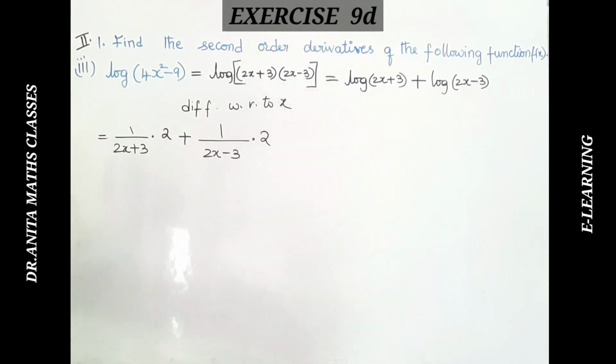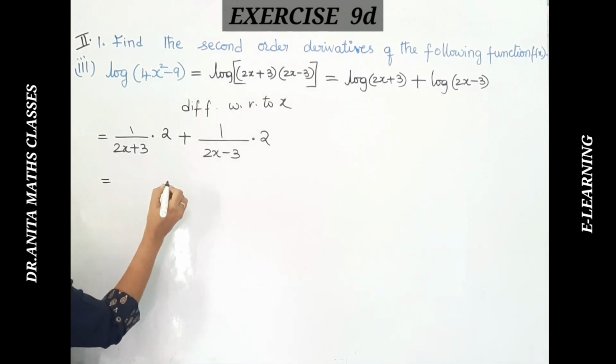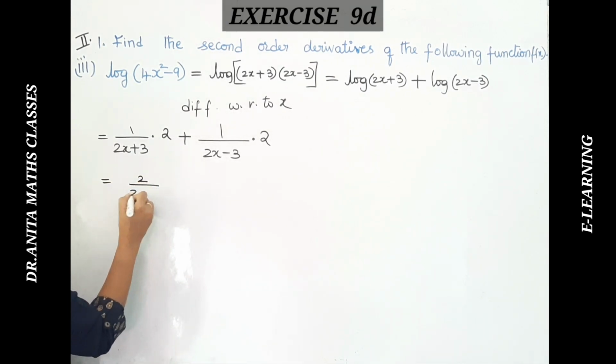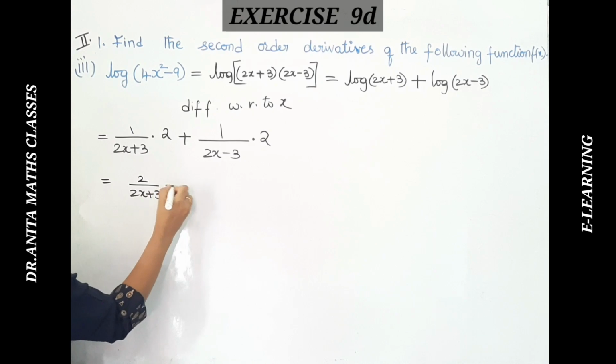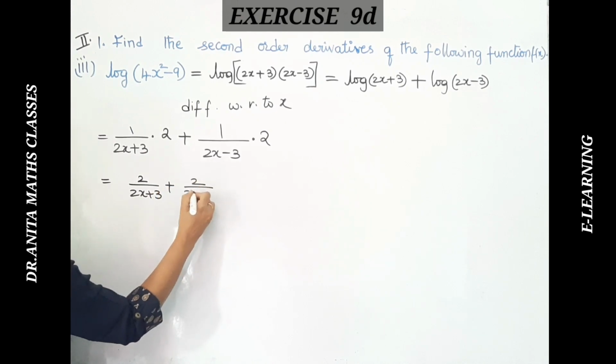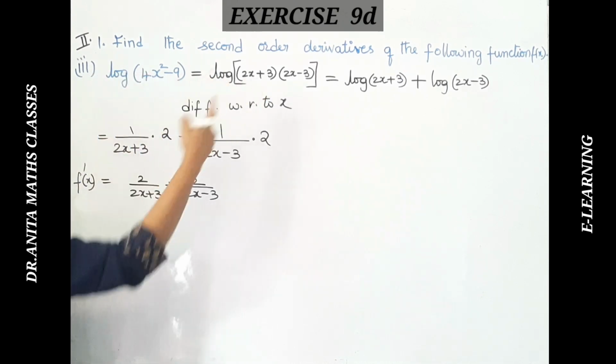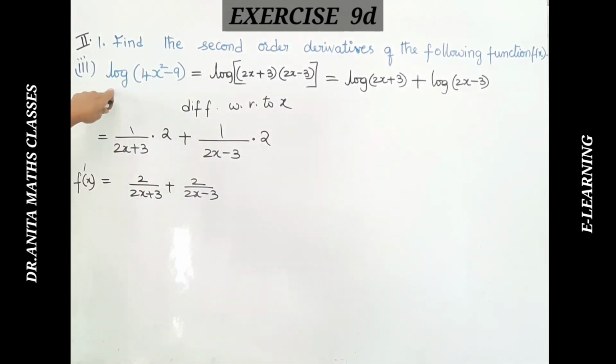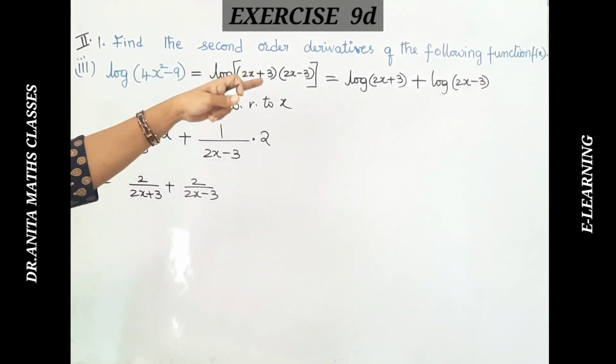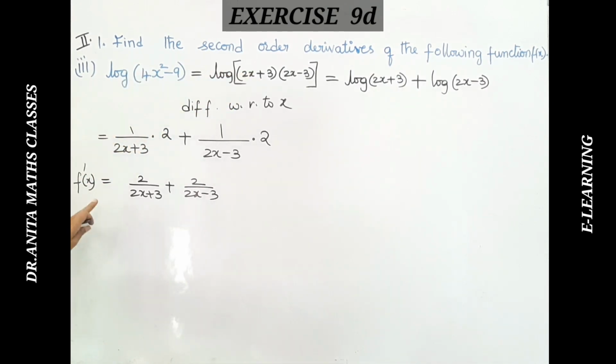So this is only the first derivative. So we will write it here. So 2 upon 2x plus 3 plus 2 upon 2x minus 3 is the f dash x. If the function is f of x, it's not given y, but it is given just f of x, so this is a function. So the first derivative we got.